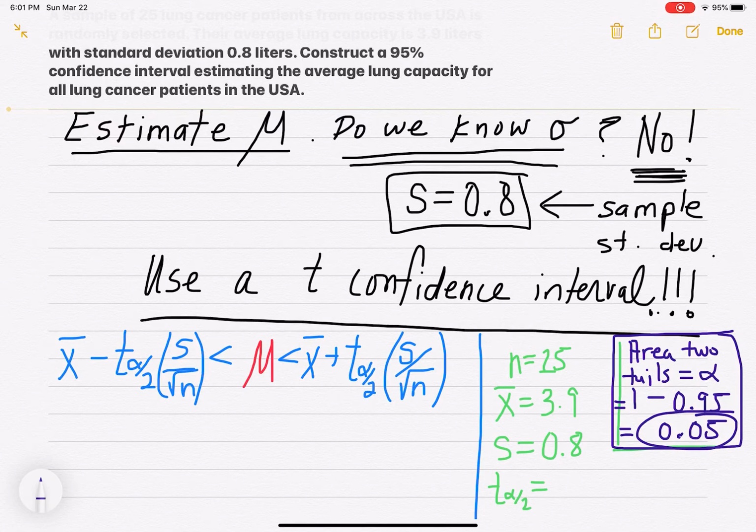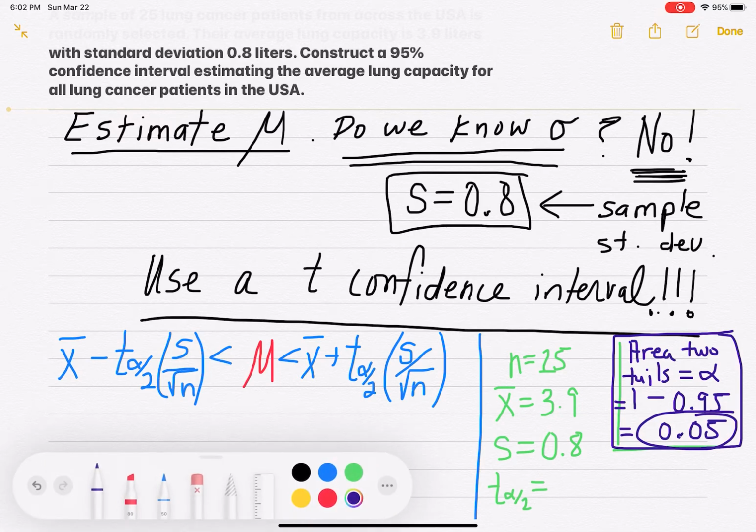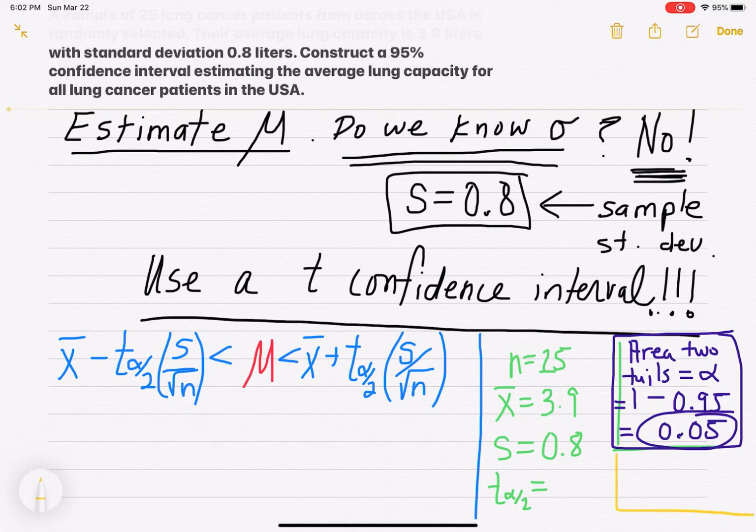Alpha is 0.05. The second thing you're going to need here is the degrees of freedom. I'll do these in yellow. DF. To find degrees of freedom, I take my sample size, which was 25, and subtract 1. So degrees of freedom are 24.